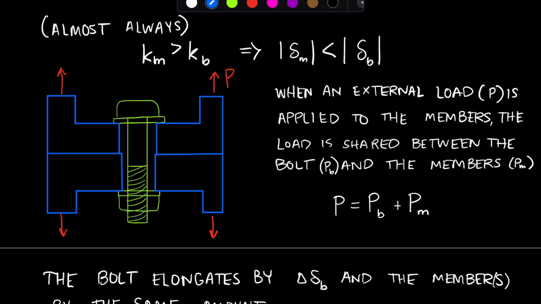If we ever get to a situation where now these members are separated by a distance. Okay, here we go. So if we ever end up in a scenario like this one, where the members have actually separated, then all of the external load has to go through the bolt.